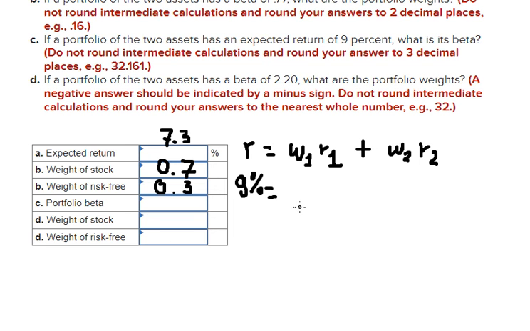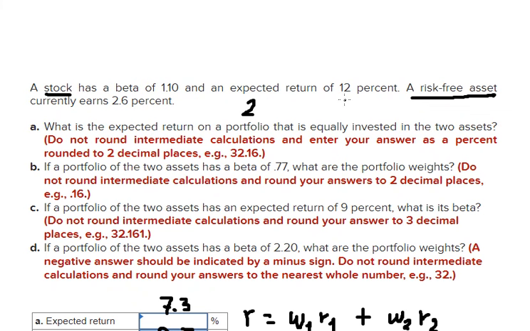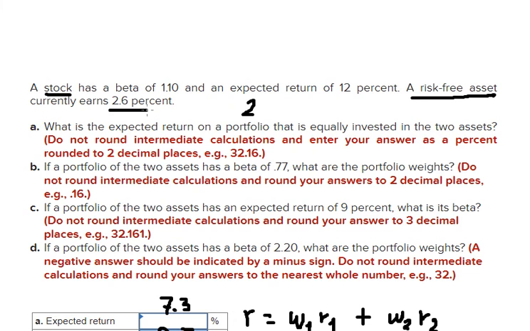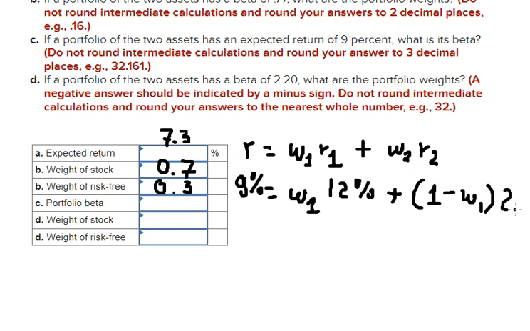We have W number 1 and R number 1 of 12%, plus 1 minus W number 1 multiplied by 2.6%.